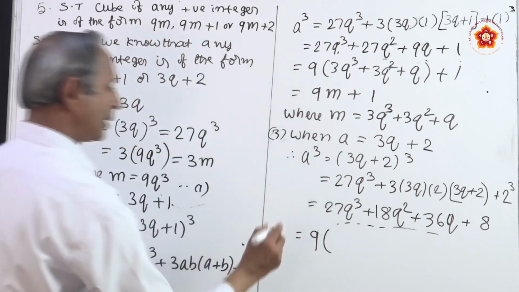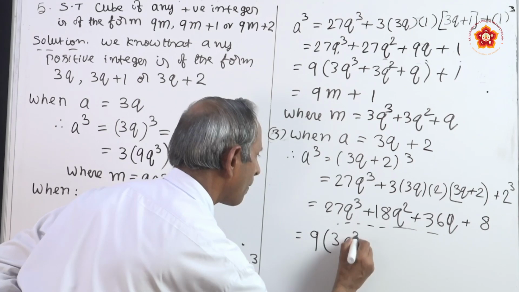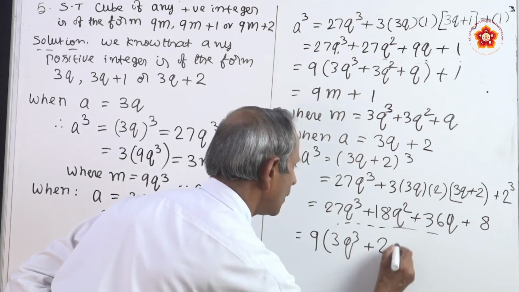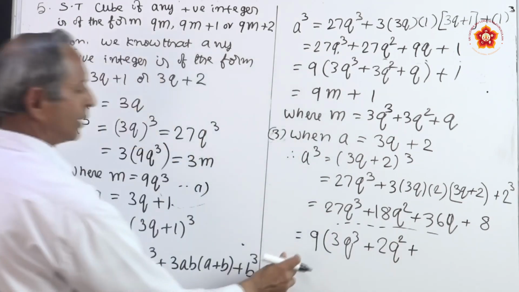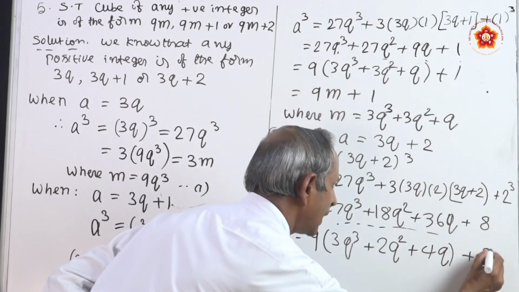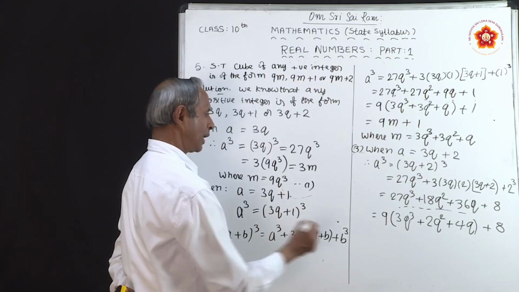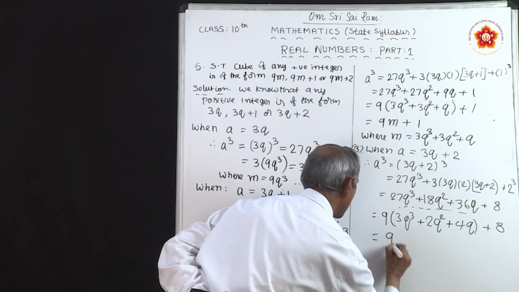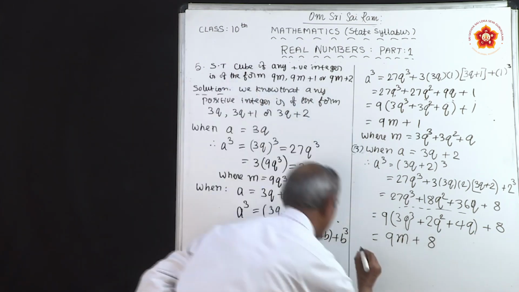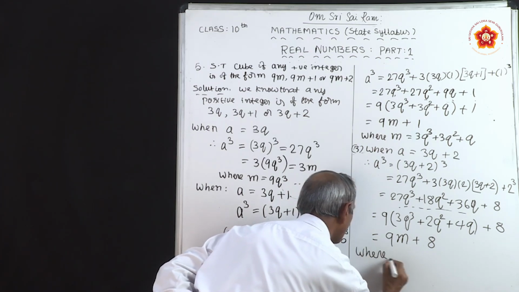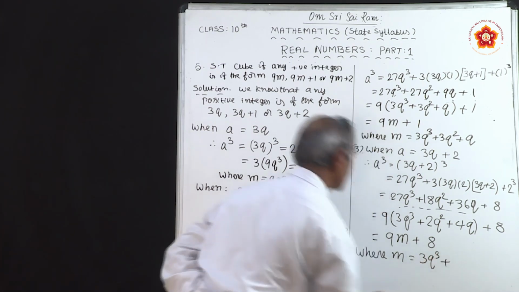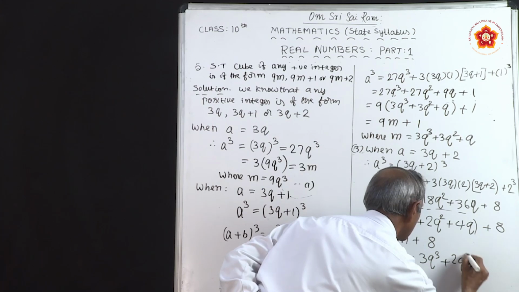You will get 9 times 3q cube plus 2q square plus 4q, plus 8 as it is. Therefore it can be expressed in the form of 9m plus 8, where m equals 3q cube plus 2q square plus 4q.